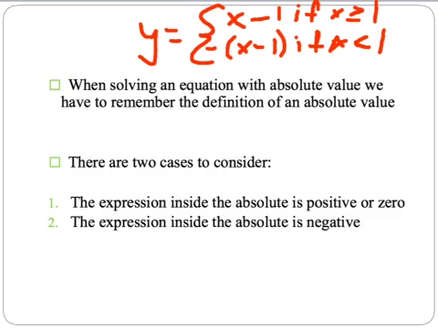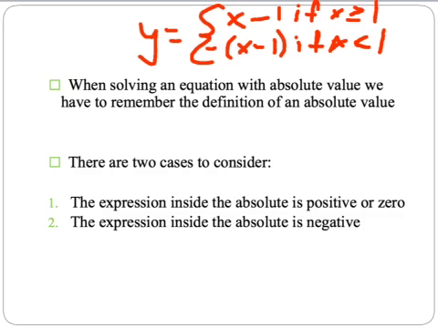Remember, there's two cases for each absolute value. Either we can pull it out positive, our answer will be positive, or it'll be negative, and we have to multiply by that negative to make it positive. So there's two cases we have to consider. We have to consider the fact that it's positive or 0, and then in that case, we just bring it out. But if the expression inside the absolute value is negative, then we would have to times it by a negative.